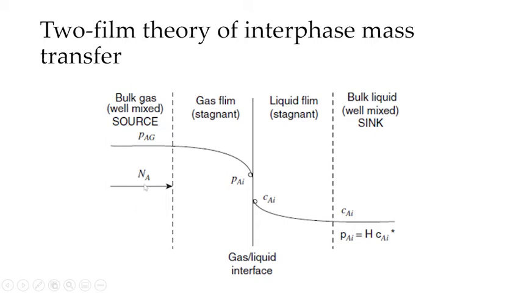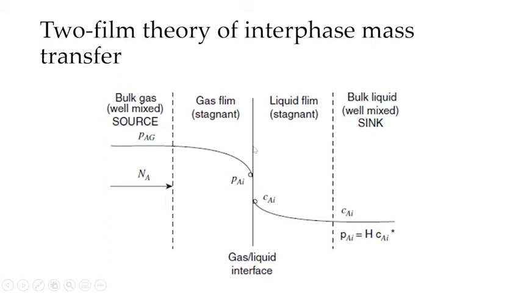So if you take a look at our direction of mass transfer, assume for a moment that we are transferring species A from the bulk gas to the bulk liquid by contacting the liquid with the gas. What happens first is species A is being transferred in the bulk gas, and it is being transferred as well in the gas film due to diffusion, such that the driving force of the diffusion in the gas film is PAG minus PAI, wherein PAG is the partial pressure of species A in the bulk gas, and PAI is the partial pressure of A in the interface.